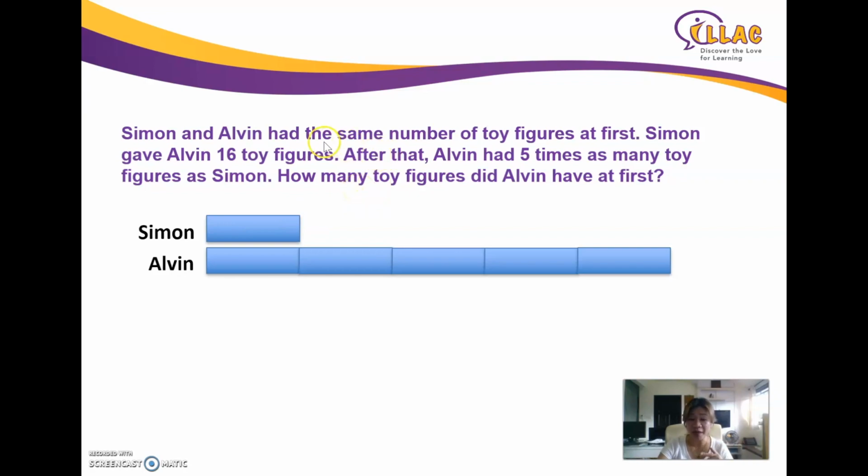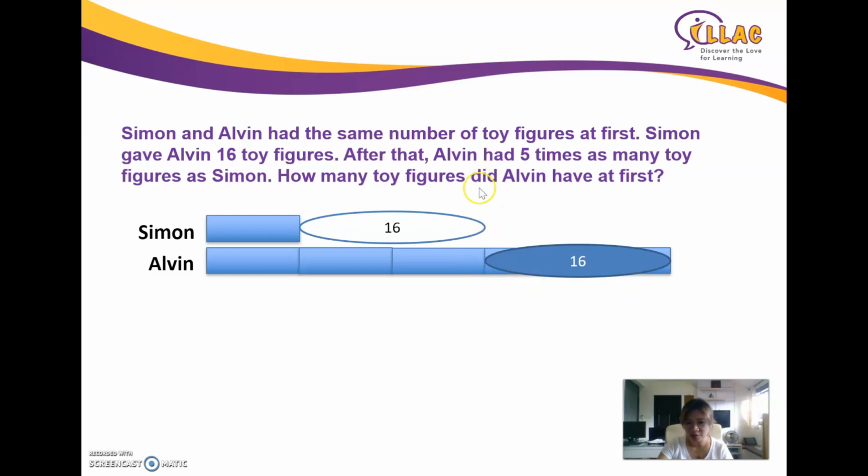So now you put back the details. So read back the sentence. After this sentence, you read this sentence. Simon gave Alvin 16 toy figures, which means Simon is supposed to have 16 and Alvin is not supposed to have 16. Right? So this 16 came from Simon over here, therefore it's a different color. And you notice that, okay, they are supposed to have the same.